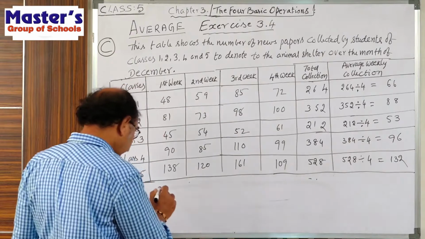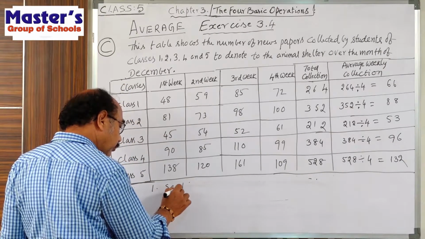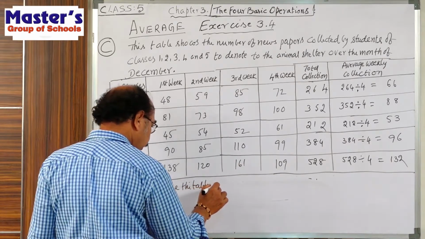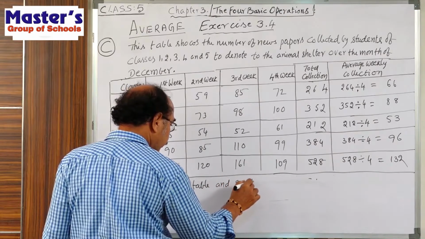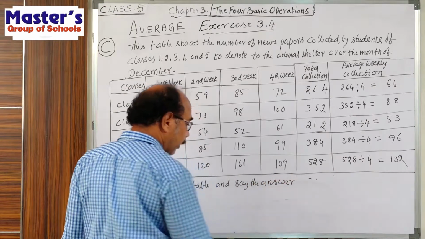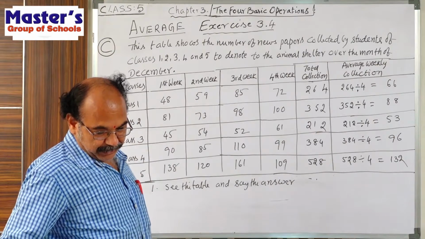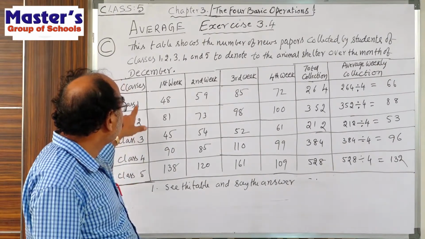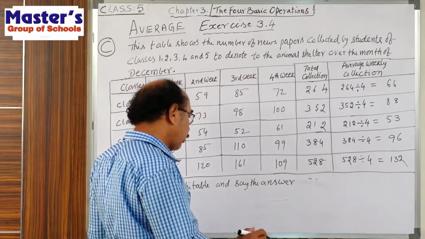So for the first one, see the table and say the answer. What is the question? What is the total collection of each class? First class, total collection how much? 264.